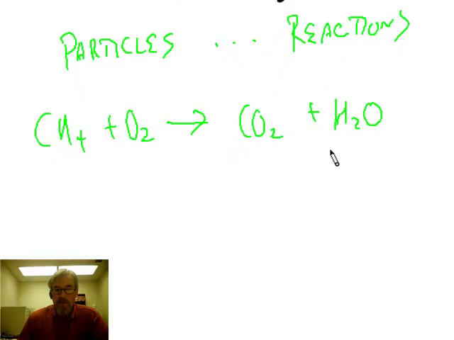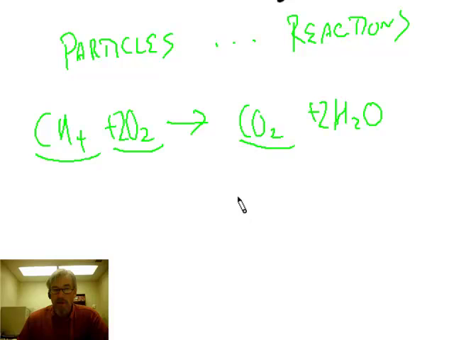And this doesn't work out right away. We know that we have to balance this. We've done this before. And when we end up doing that, we have a 2 here and we have a 2 here. So reaction stoichiometry is concerned with the ratios like 2 oxygen molecules for every 1 methane, or 1 methane to 1 carbon dioxide.